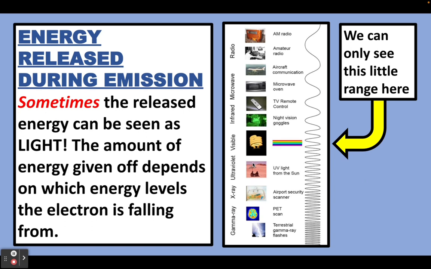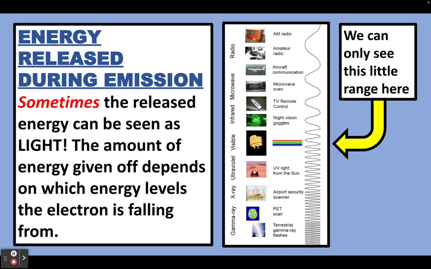Okay, so we can then see the light that's emitted from these different substances. The amount of energy that is given off by these substances is going to depend on the energy levels that the electron is falling from. We just saw that.